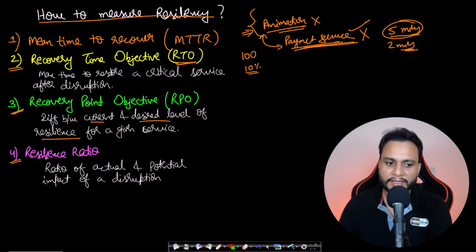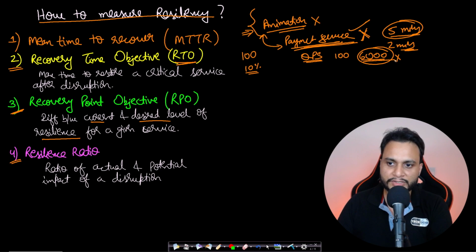Again, you can study the resilience ratio of the actual and the potential impact of a disruption. So potentially, if your payment system is down, you can look at how much your QPS, that is queries per second, was. If it was, let's say, 100 and it was down for 1 minute, then you can just multiply 60 with 100 to get 6000 as the number of payment requests which were not served.